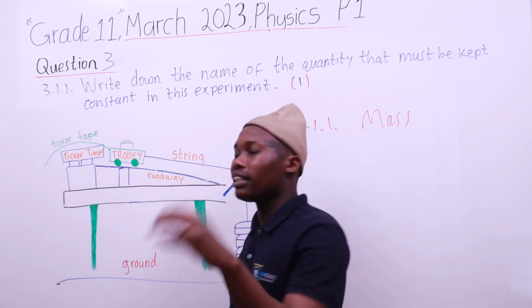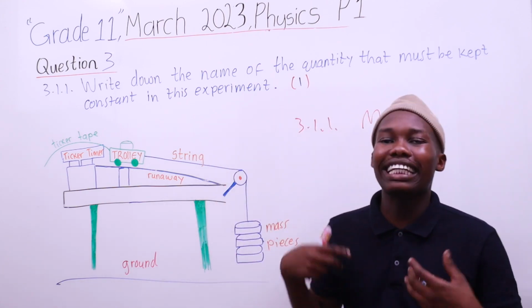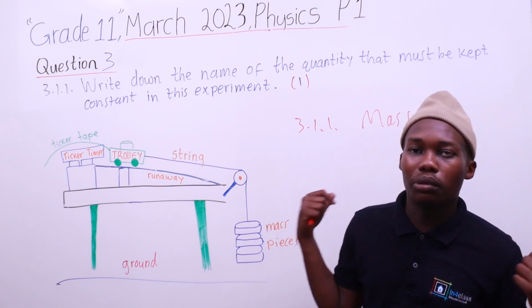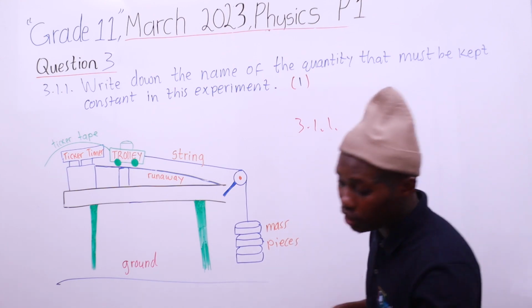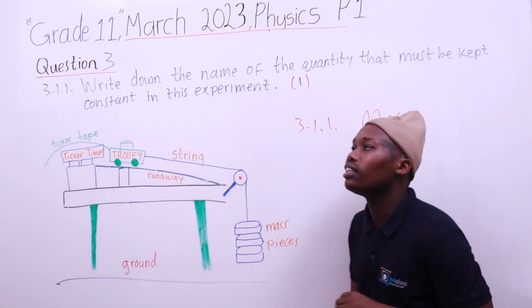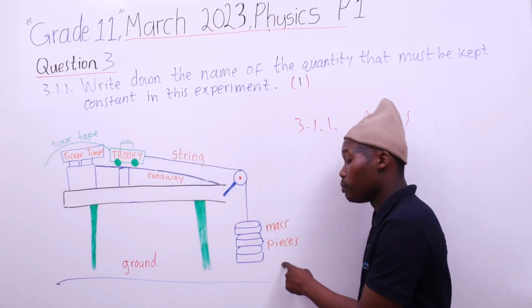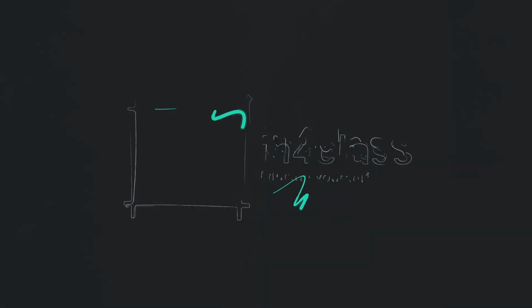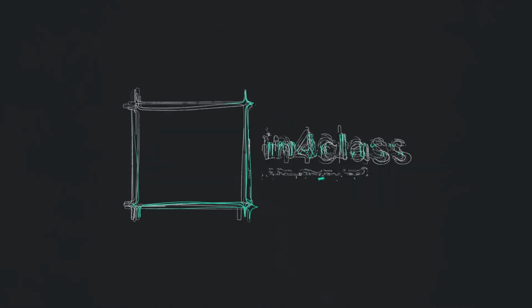So it will be other factors, and it's easy to determine the problem later once you have finished, because you know your factors were constant, which means it could be this or that, but not the mass. Mass plays a big role, which is why there are mass pieces. Let's now go to question 3.1.3.